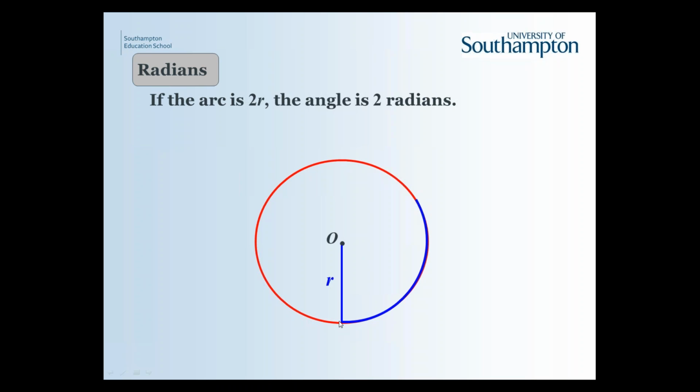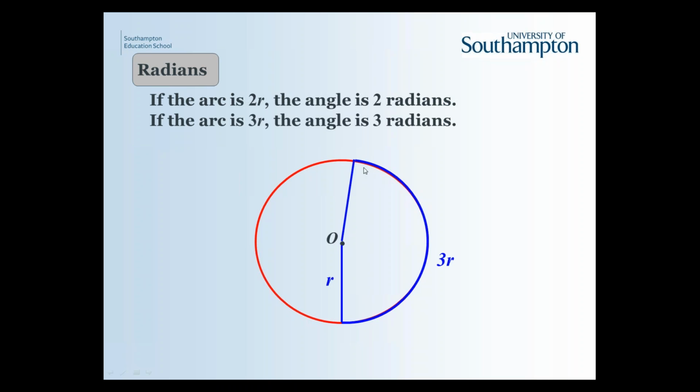So if the arc length is extended to 2 lots of r, then the angle that's created is basically double what it was originally, and so it is 2 radians. And equally, if we extend it so that the arc length is 3 times the radius, that original angle is tripled, and so is now 3 radians.